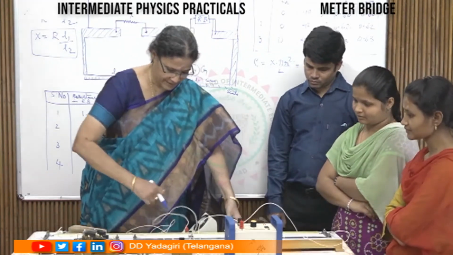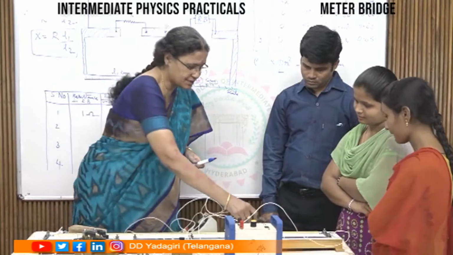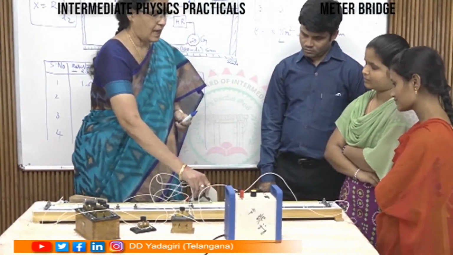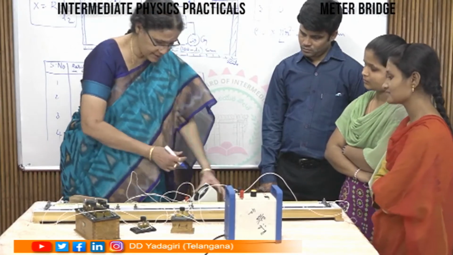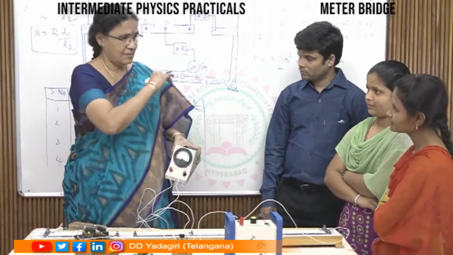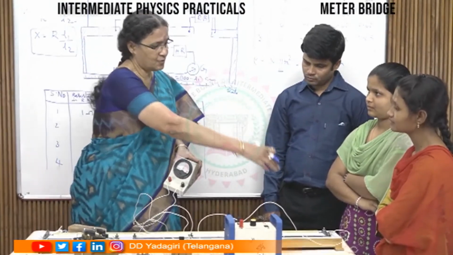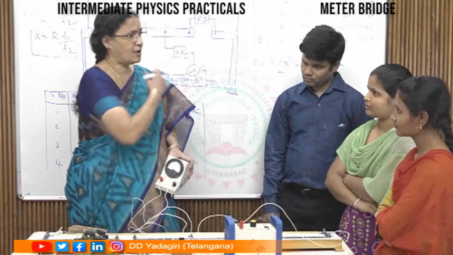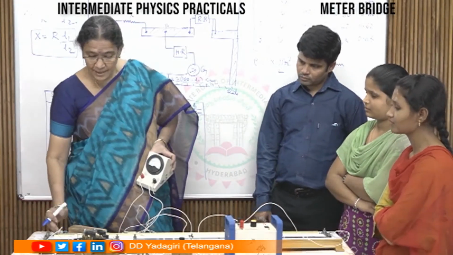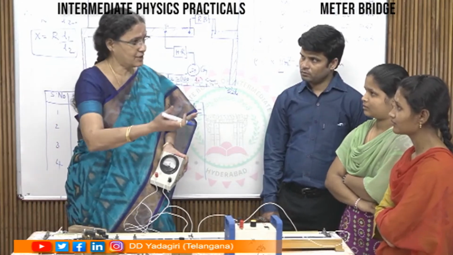I'm testing at various points on the meter bridge wire, and at the same time I'm concentrating on the galvanometer. Earlier, when I tested on one end of the meter bridge wire, I got one extreme of galvanometer deflection. When I tested on the other end, I got the other extreme.